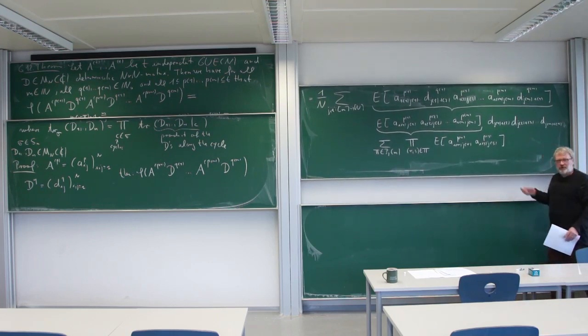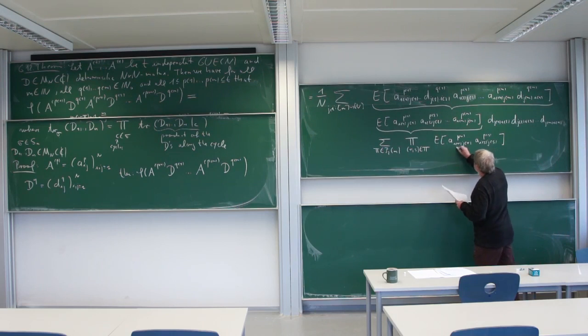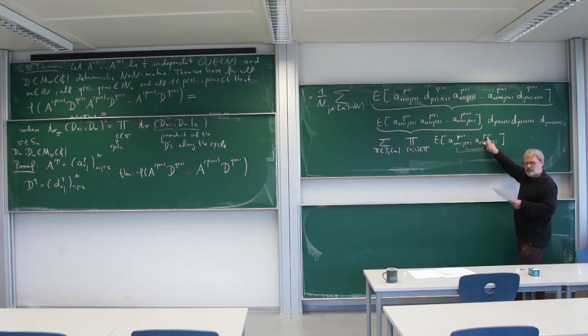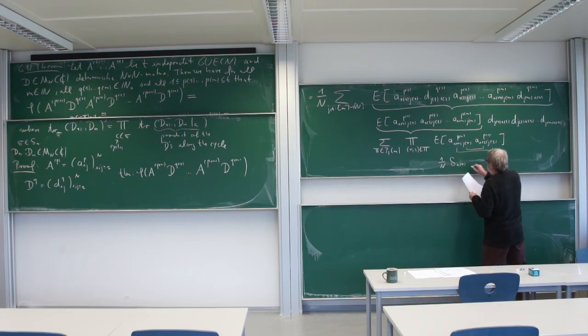This is prescribed in our theorem by saying that it is only different from 0 if this index is the same as this index, and also this must be the same as this, because the matrices are independent. And if it is different from 0, it's 1. And so we get here delta. This tells me that I of r is equal to J of s.